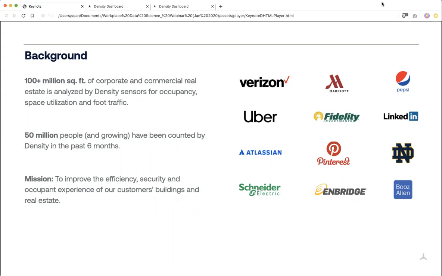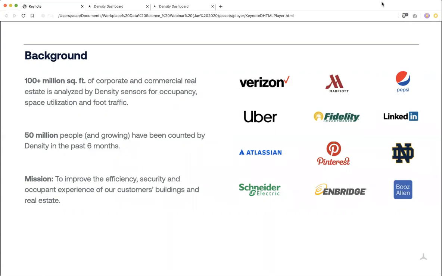And one thing that's really interesting, although these different companies are different, they have one thing in common, which is they have a lot of real estate, and they want to maximize that real estate, both in terms of the experience and security, but also in terms of cost efficiencies. And so in order to do that, you increasingly need more data and more relevant and real-time data. And we're installed across very large companies. Here we have 100 million square feet of corporate real estate that we're measuring, and 50 million people every day.